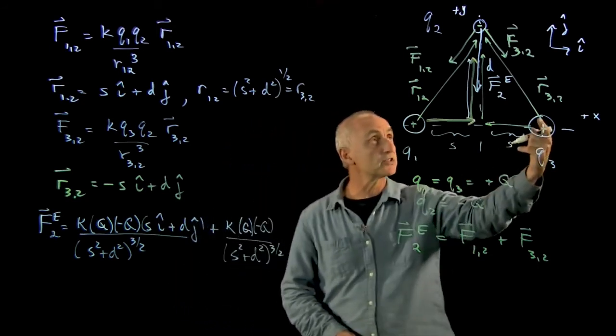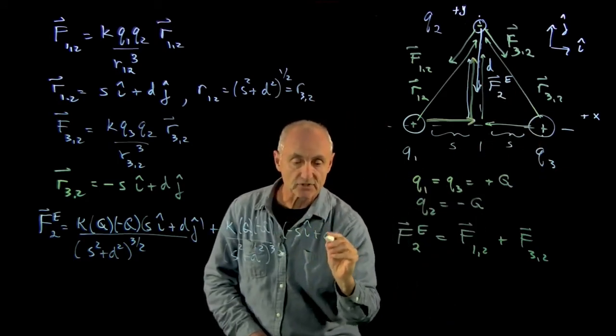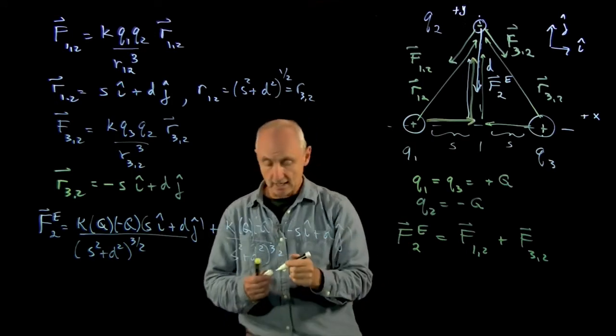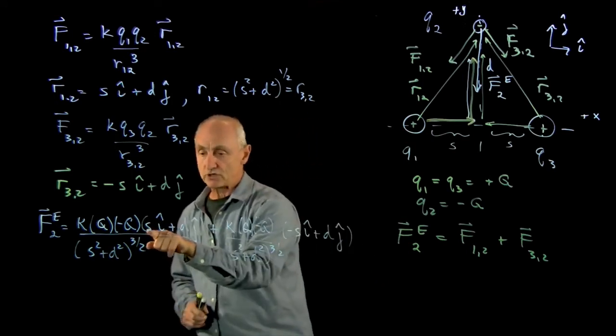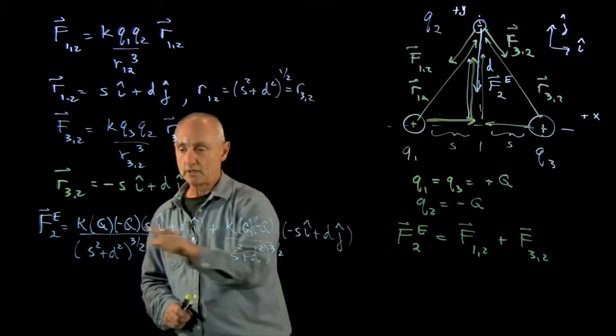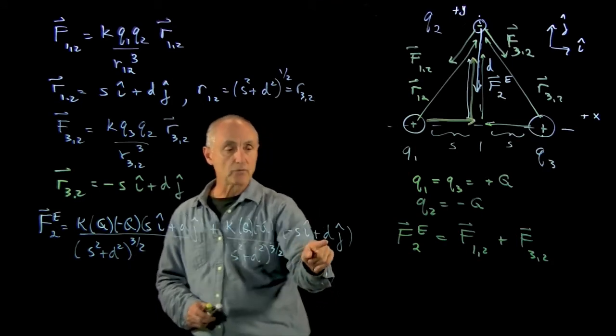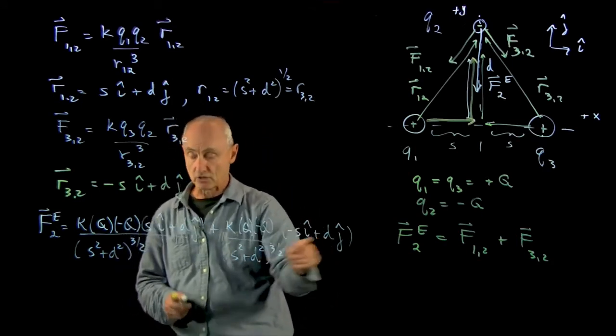And now, notice this one was minus s i hat plus d j hat. When we compare these two expressions, the i hat terms have an overall plus sign here and an overall minus sign there. The i hat terms cancel, and we're just left with two j hat terms.